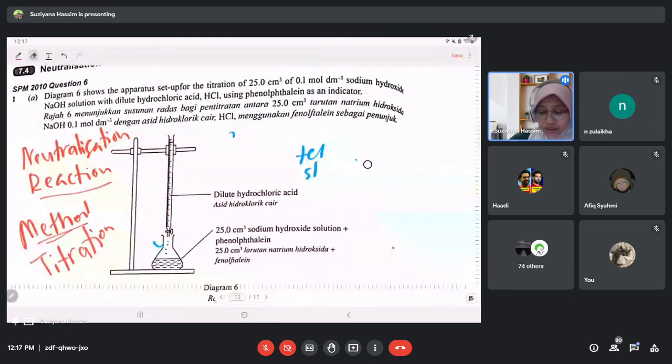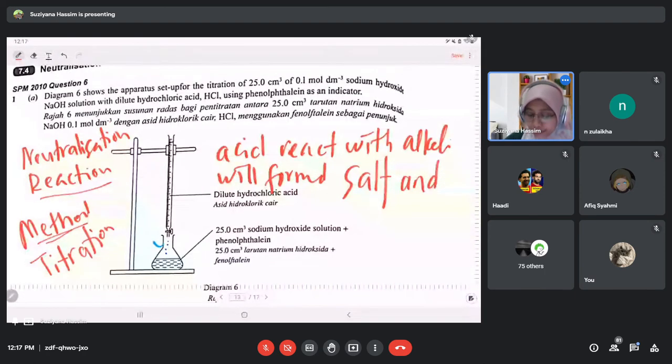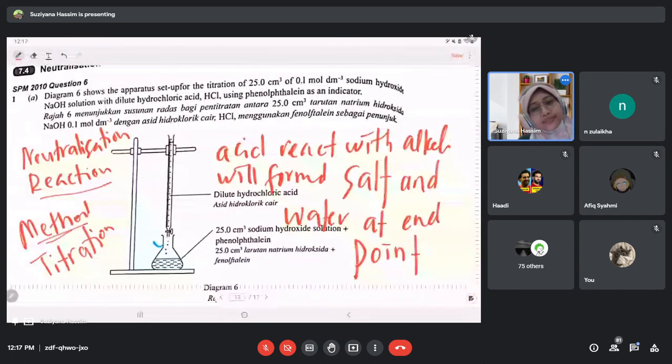Neutralization is an acid reacts with alkali will form salt and water at end point. Acid reacts with alkali will form salt and water at end point.